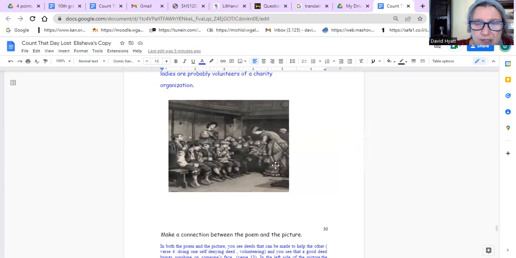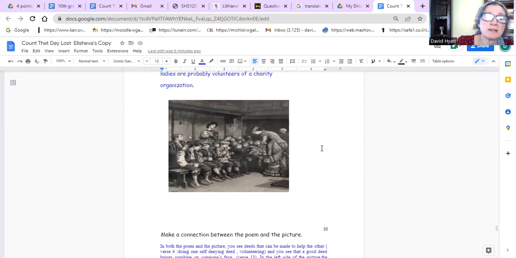Now what else do you see? You see that there are two women who are helping the boys, and they are young and well dressed. They wear nice, tidy clothes, their hair is very neat, and they look very clean. One of them is giving food to the children, and the other one is giving them something to drink.